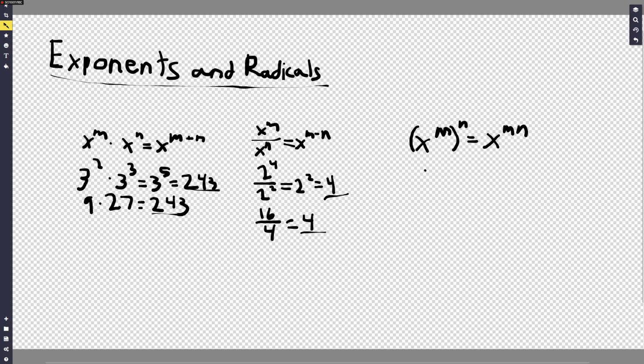Let's do a simple one. 2 to the power of 3 to the power of 2, and that's equal to 2 to the power of 3 times 2, which is 6, and that's equal to 64. Okay, so let's try to prove this. Well, 2 to the power of 3 is 8 to the power of 2, and that's equal to 64.